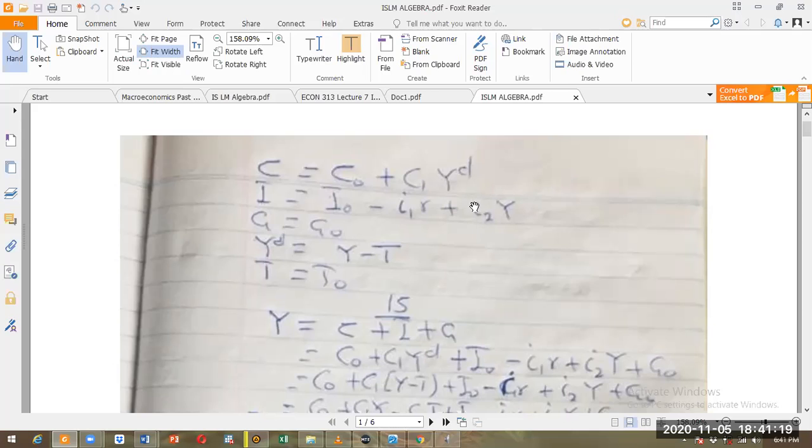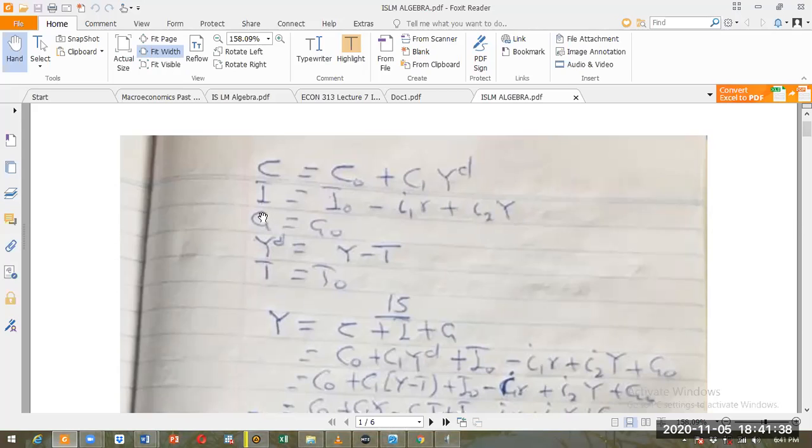For that one, the relationship is positive, which means that with higher income levels, we expect investment to be high. And this I0 is autonomous investment, the level of investment when the interest rate is zero and income is zero.